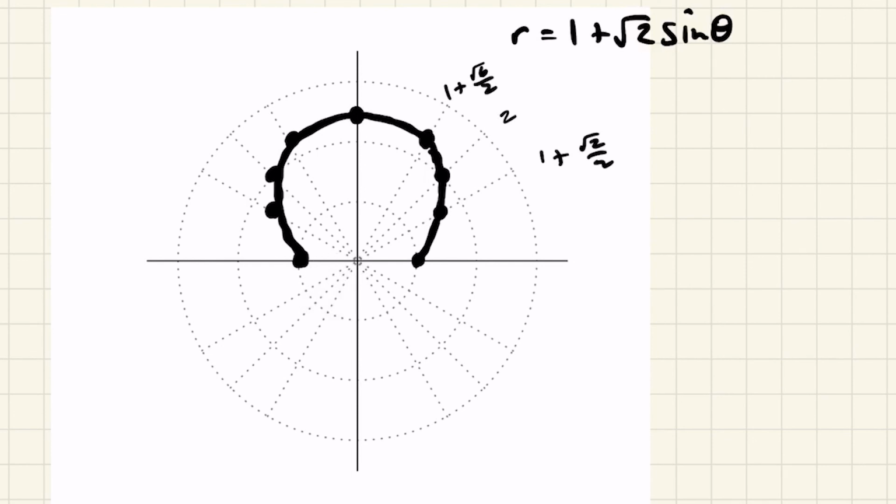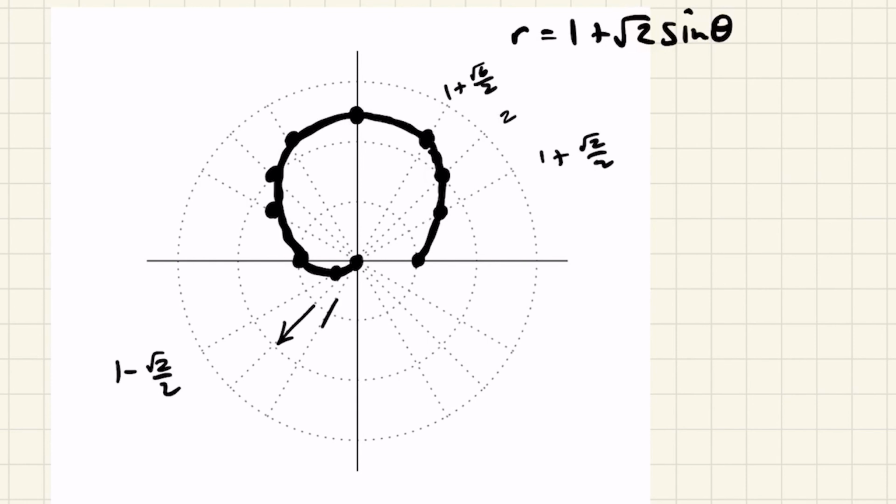Sine of 7 pi over 6 is negative 1/2, so this is like 1 minus root 2 over 2. That's about 0.3. And at 5 pi over 4, sine of 5 pi over 4 is negative root 2 over 2. So this is like 1 minus 1, which is 0. So actually, we're right there at the origin. In fact, now we know that 0 occurs at 5 pi over 4.